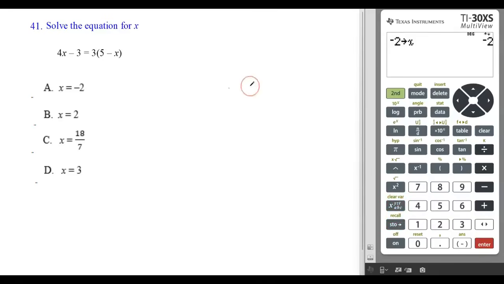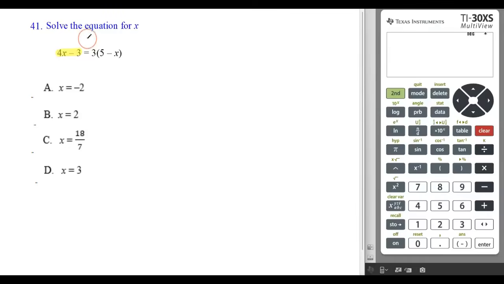And now x is stored with -2. I'm starting with answer choice A. Hit clear. Again, that doesn't mess up anything. And what I'm going to do is punch in each side of the equation. Punch in this side first and see what I get out. So let's just punch in 4x minus 3.